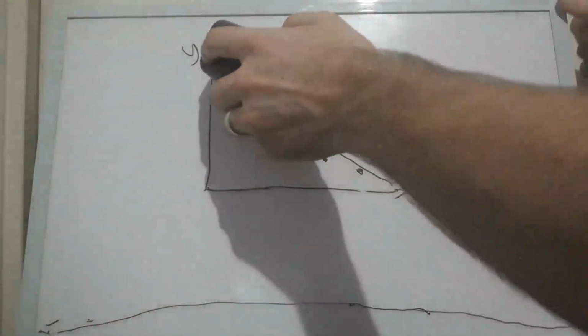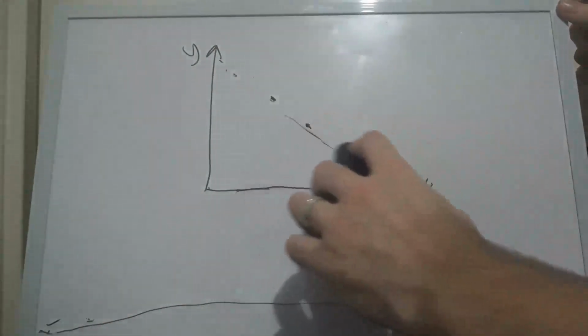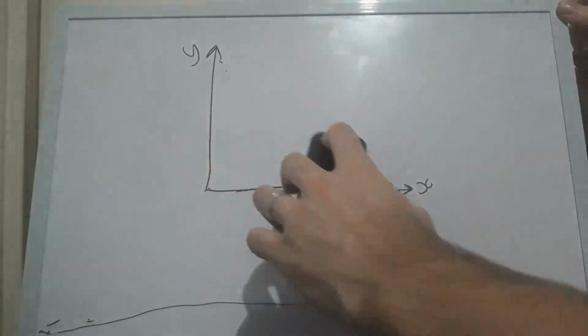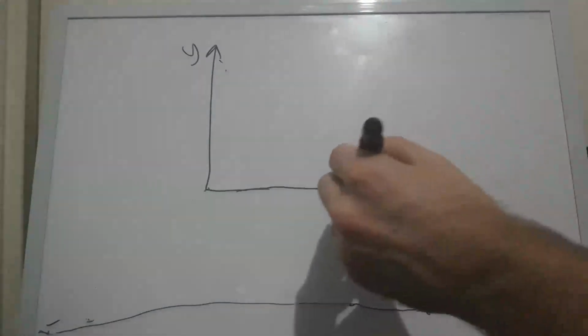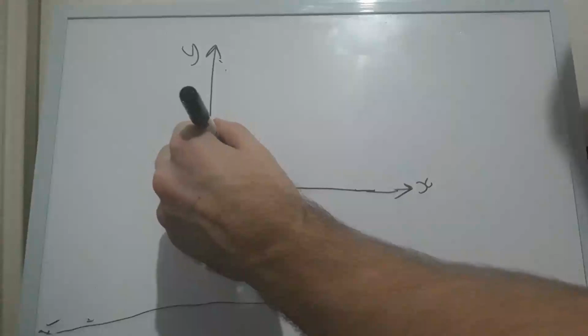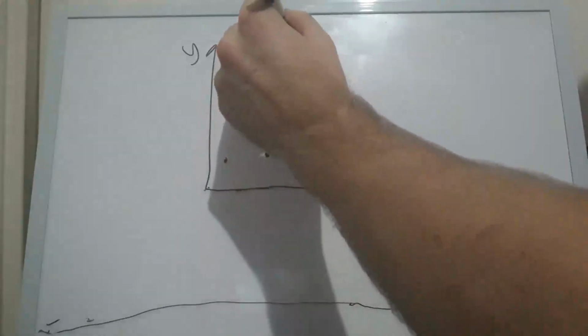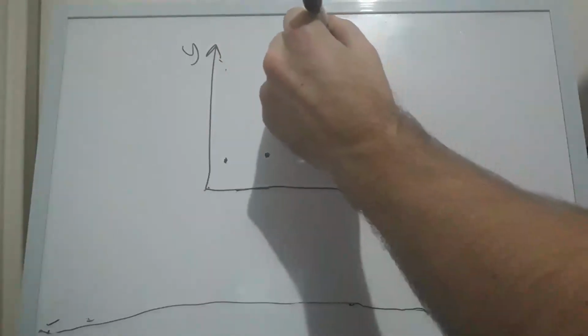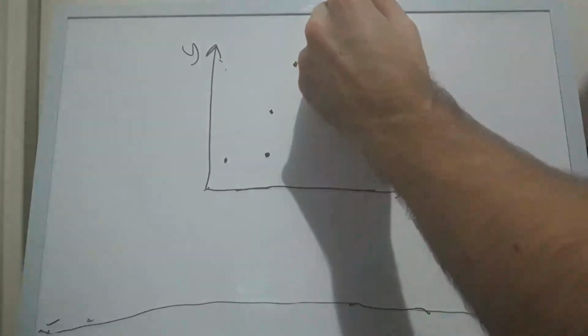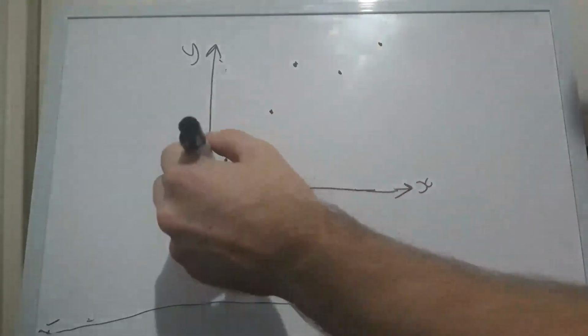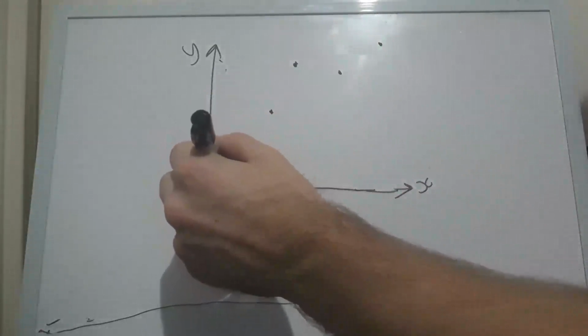Now I'm going to give you another example where I can highlight this a little better. Let's suppose we have a data point here, here, here, here, and why not, let's put one here. Let's say I try to draw a line through this.